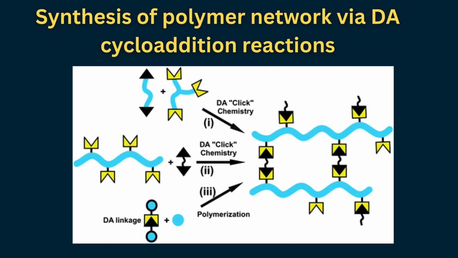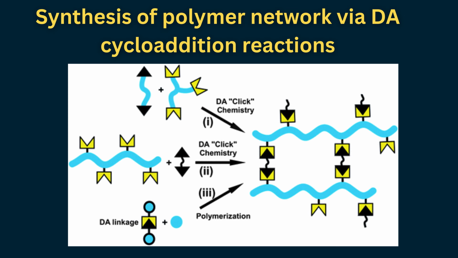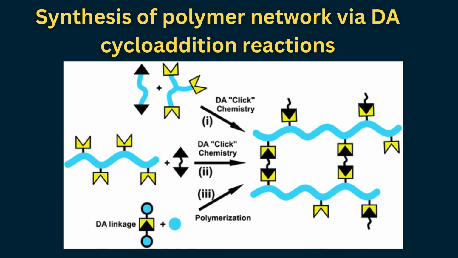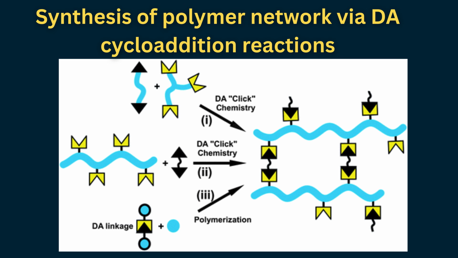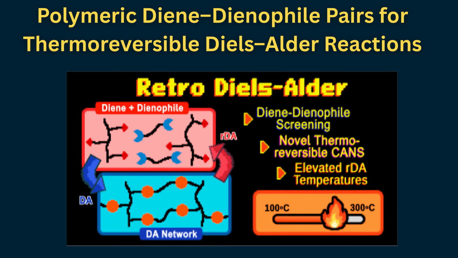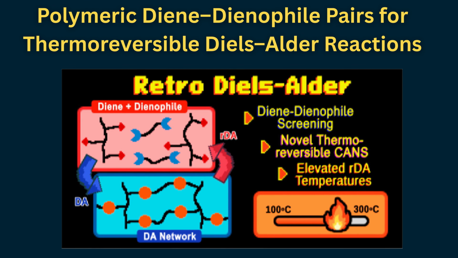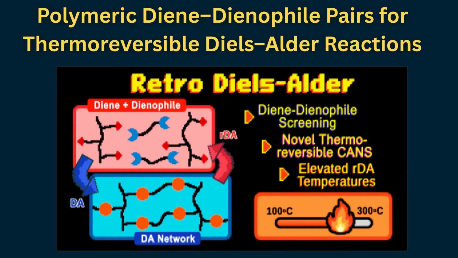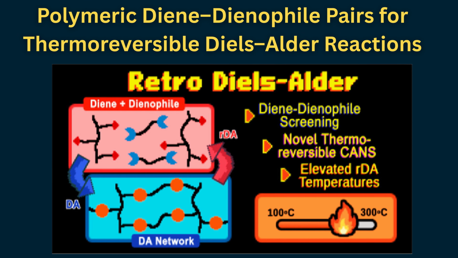The DA reaction is used to attach specific molecules to polymer backbones, for example, using furan-maleimide chemistry, enhancing properties like thermal stability, optical activity, and dielectric strength. Thermally reversible materials. This chemistry is applied to develop materials that can change properties or be recycled or reprocessed by controlling the temperature, making them efficient for sustainable engineering applications.